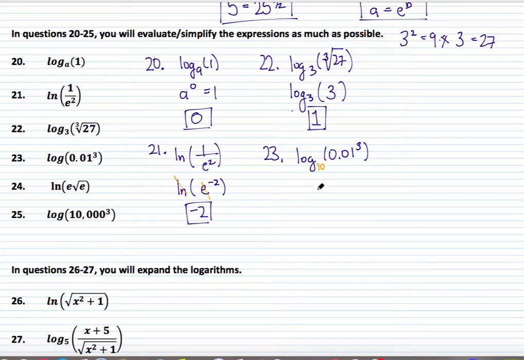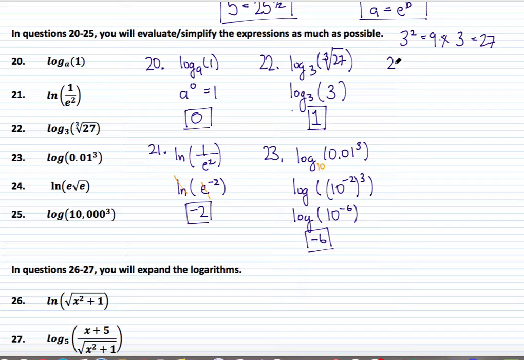In my argument of 0.01 raised to the third, I can rewrite 0.01, in scientific notation, as 10 to the negative 2 raised to the third power. Or I can rewrite this by combining these two exponents, so I multiply the negative 2 and the 3, log base 10 of 10 raised to the negative 6. So now this is log base 10, and this has a base of 10. I can simplify this to simply be negative 6.